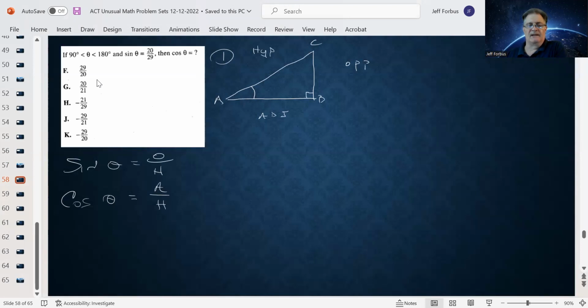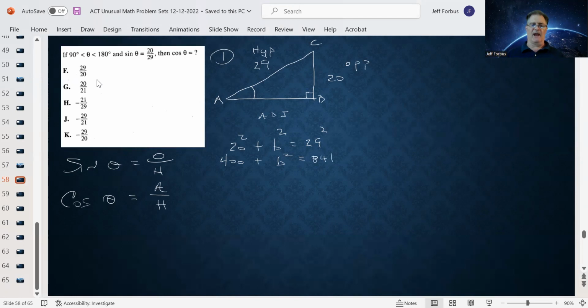So therefore, since the sine is the opposite over the hypotenuse, the opposite side is 20. The hypotenuse side is 29. Now we can use Pythagorean's theorem to calculate the adjacent side, and we need to. With that being said, we would say 20 squared. I'm going to call the adjacent side B, and the hypotenuse is always C. So 20 squared is 400. 29 squared is 841.